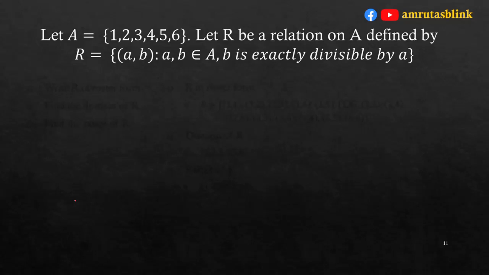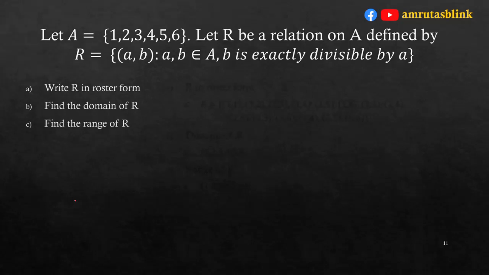Now a similar kind of concept we need to use here. We need to write down this relation R in roster form as well as find the domain of R and range of R.